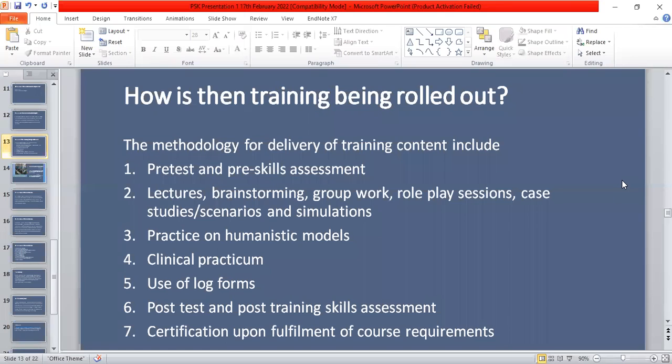Then there are lectures, brainstorming, group works, role play sessions, case studies, scenarios, and simulations. Practice on humanistic models. Then there's a clinical practicum that is usually 2 days in a health facility that is identified, where people can have adequate experience under supervision.